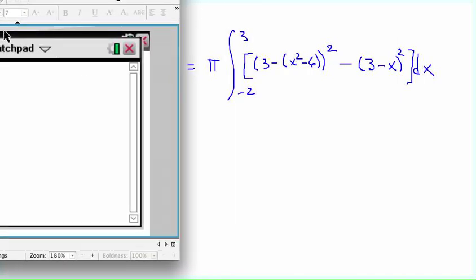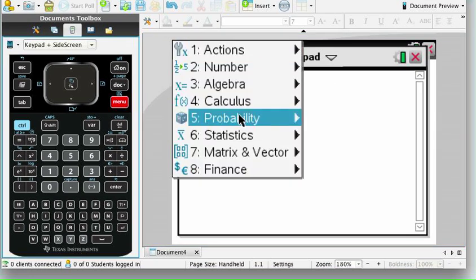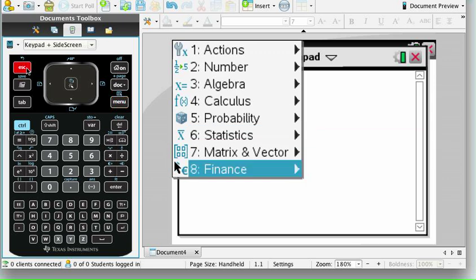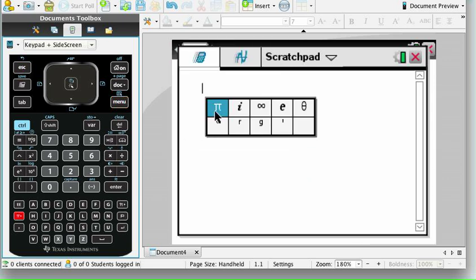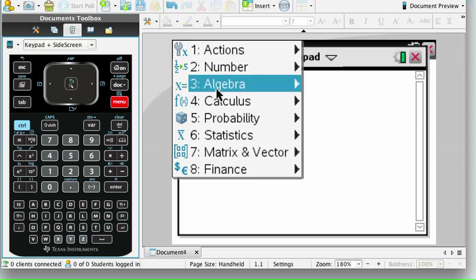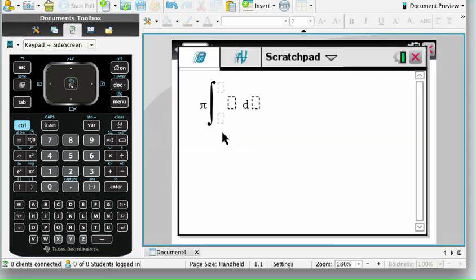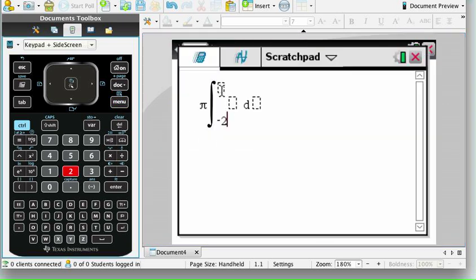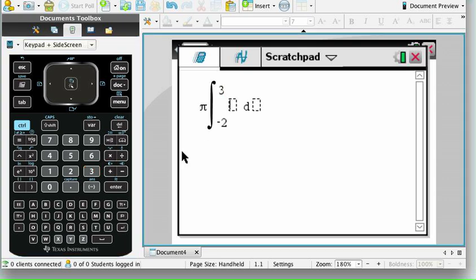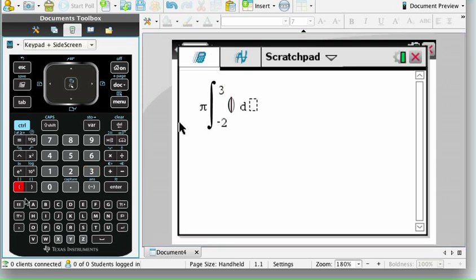This is first pi, integral in calculus from -2 to 3, and the big R, okay, parentheses, the big R is 3 minus another parenthesis x squared minus 6. I close this parenthesis, I close the next one, this is squared.